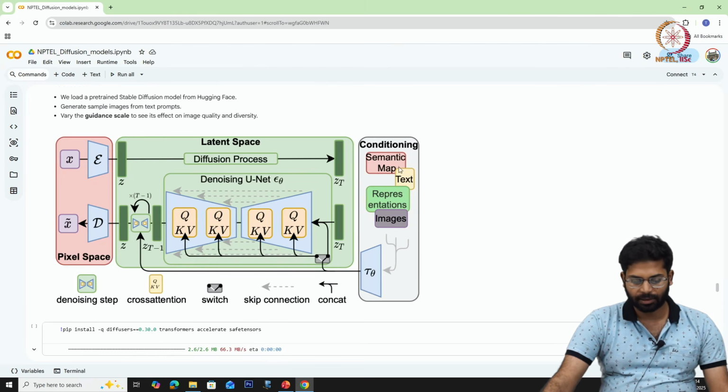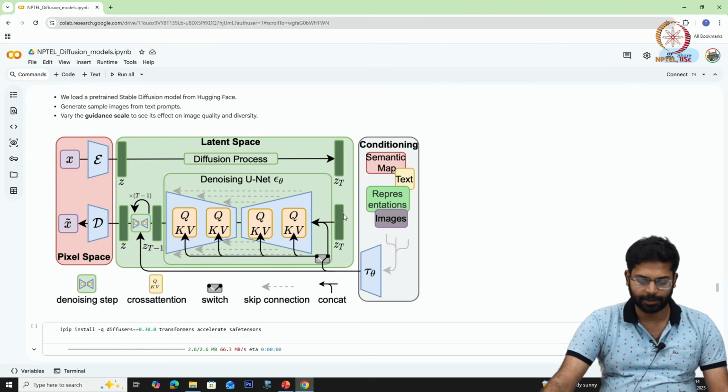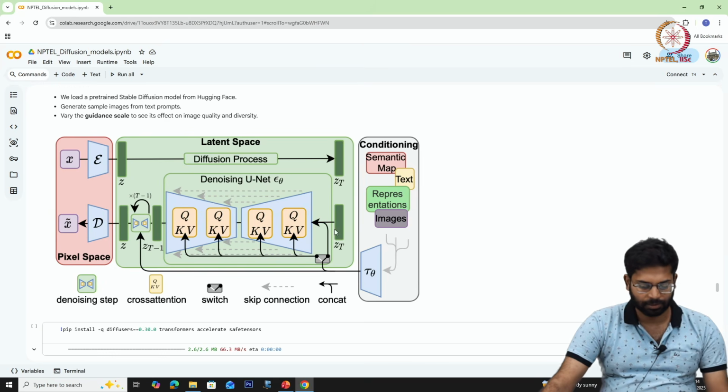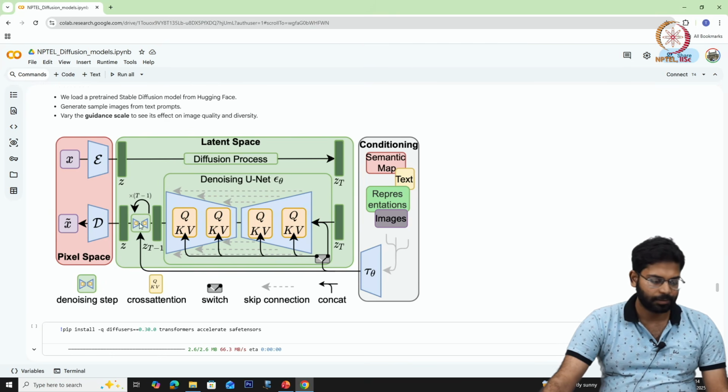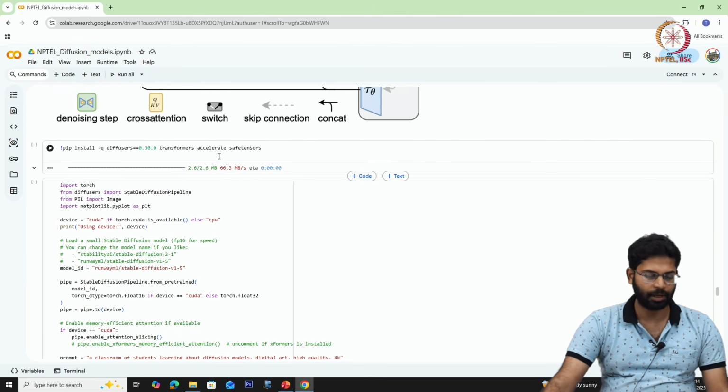So that conditioning is given through another conditioning network which has the text and semantic maps, or is conditioned on images, any kind of conditioning that goes through an encoder and concatenates with this ZT, so that both are passed through this decoding network, and that generates images which are conditioned on this conditioning paradigm. So I will try to show some demos of this Stable Diffusion model.